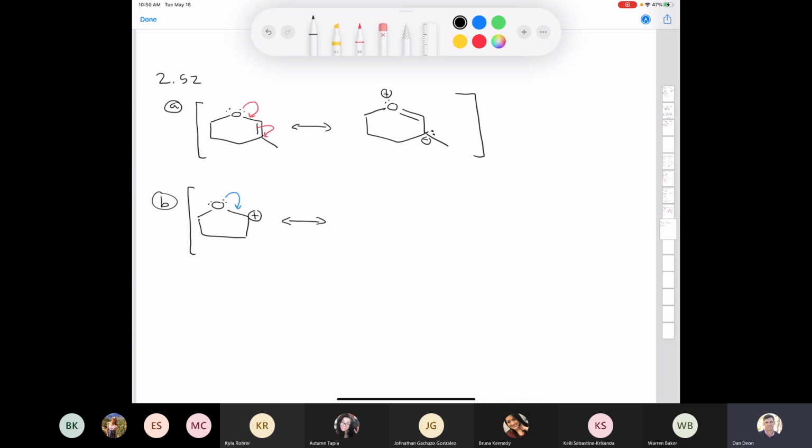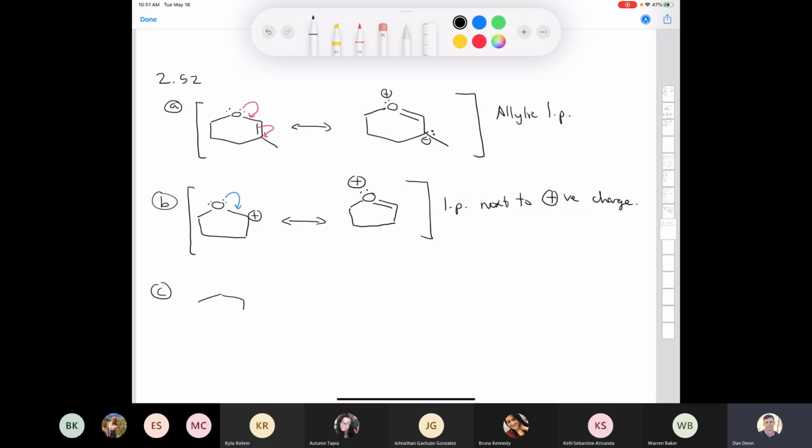And then I'm going to end up with this resonance contributor, where I have a pi bond here, a pair of electrons here, and a positive charge on my oxygen. So again, here we use the allylic lone pair, and here we had a lone pair next to a positive charge.